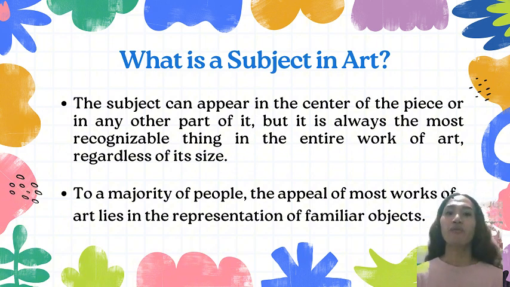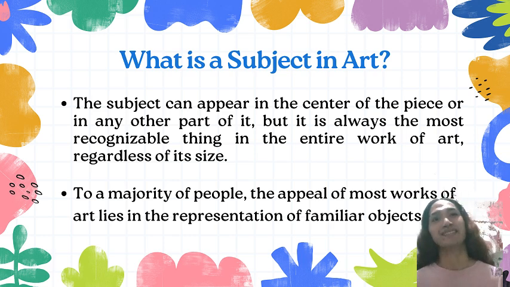For example, in Leonardo da Vinci's painting Mona Lisa, the woman in the portrait is the subject. She is the central figure, and everything else, like the background, supports her presence.